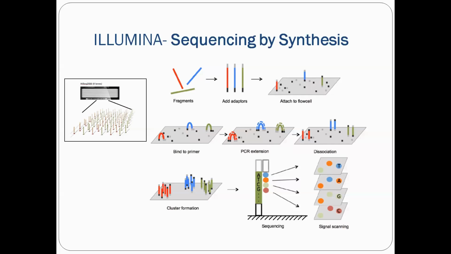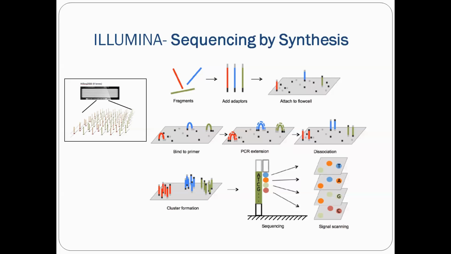So these are the new nucleotides which are being added. They are fluorescently labeled, and the emission wavelength along with signal intensity determine the base call. When I say base call, I mean what is the base that is present in this particular position. So this is how hundreds of millions of clusters are sequenced in a massively parallel process.